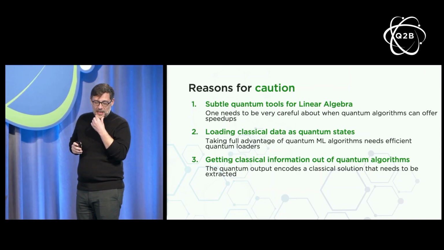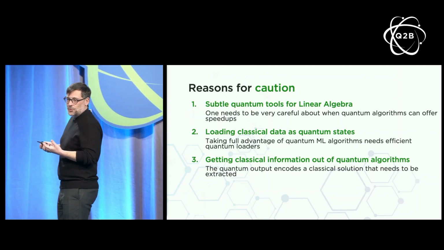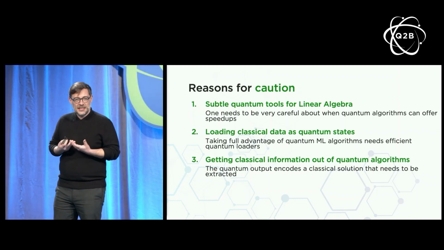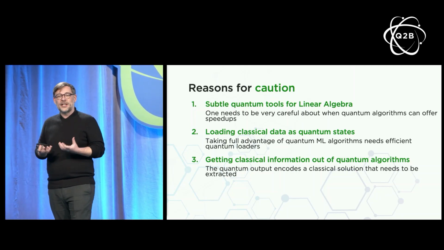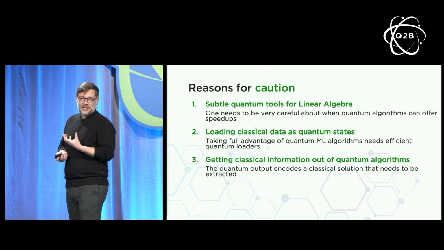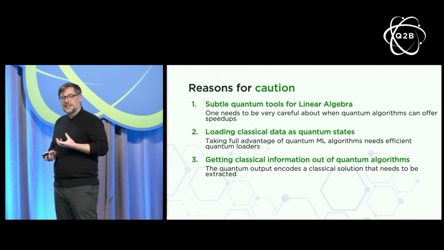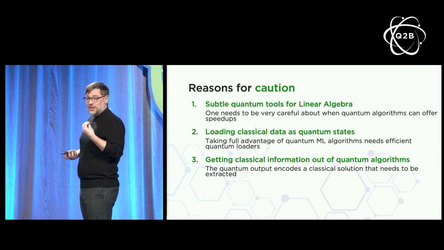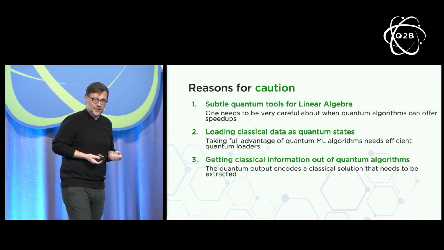The third point that I wanted to make is that when we try to solve these machine learning problems with a quantum computer, what we get most of the time out of this quantum algorithm is not a classical answer, but a quantum output that somehow encodes the classical answer that we want into this quantum system. So somehow we need to go into this quantum system, and by performing some observations, some measurements, we need to extract the classical information that we really care about from these quantum states, from these outputs of the quantum algorithms.